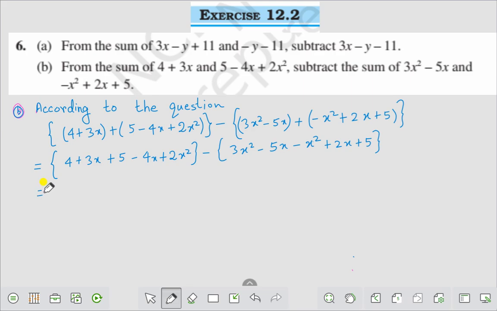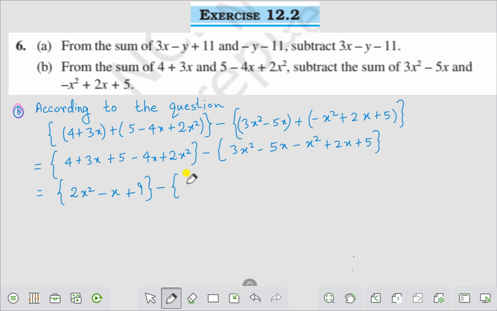I will find, here you see that the value is, if we change into like terms, here is 2x square, we can write it here as 2x square. 3x minus 4x is minus x, and 4 plus 5 is 9. Second bracket close minus second bracket starts.